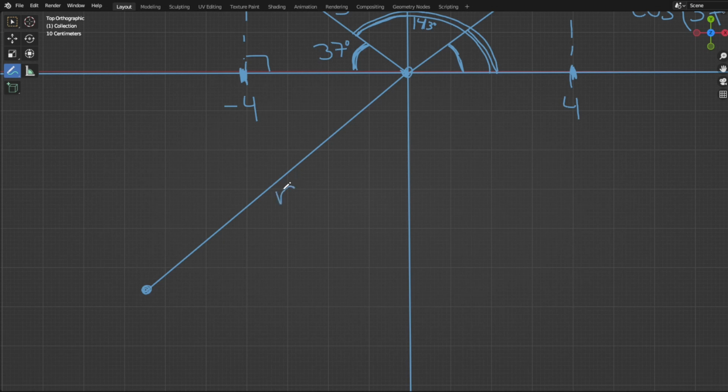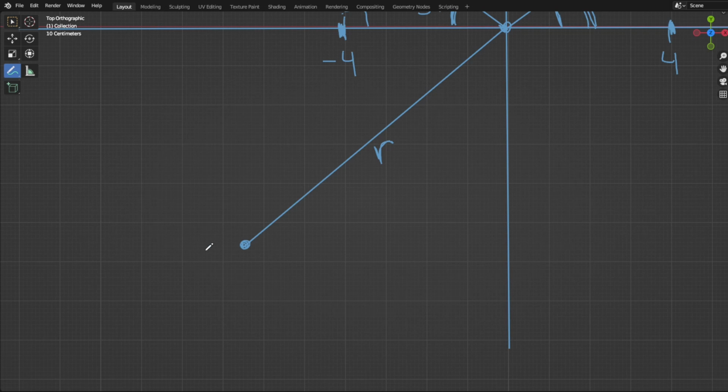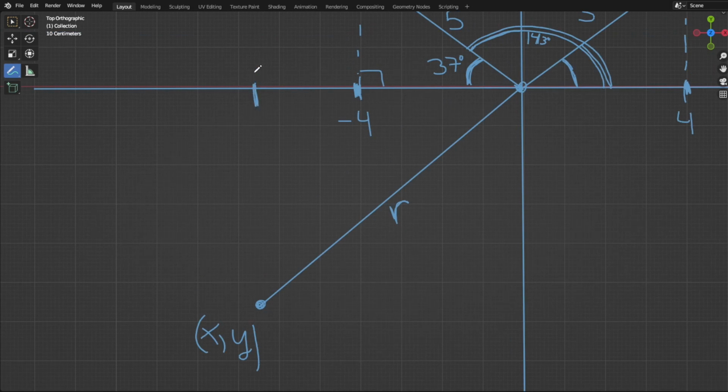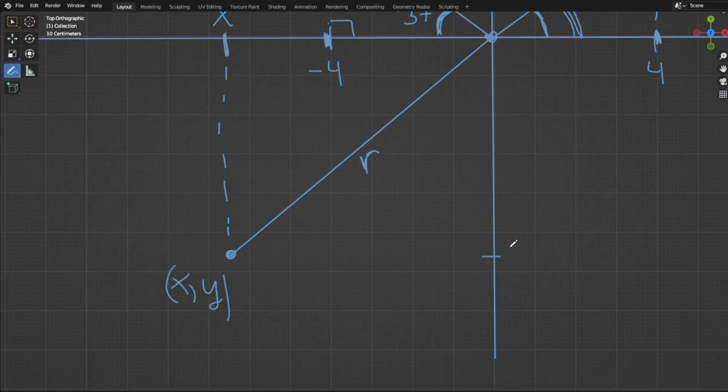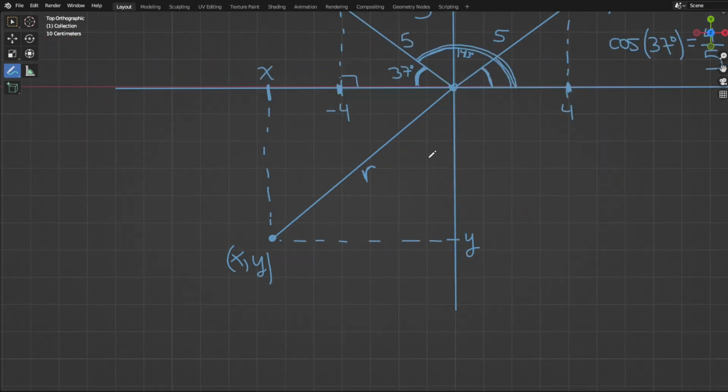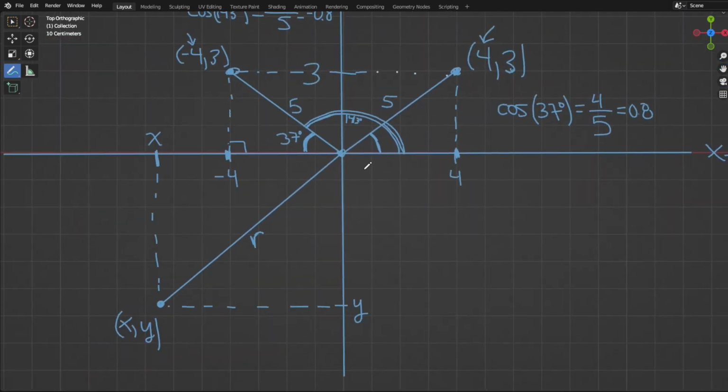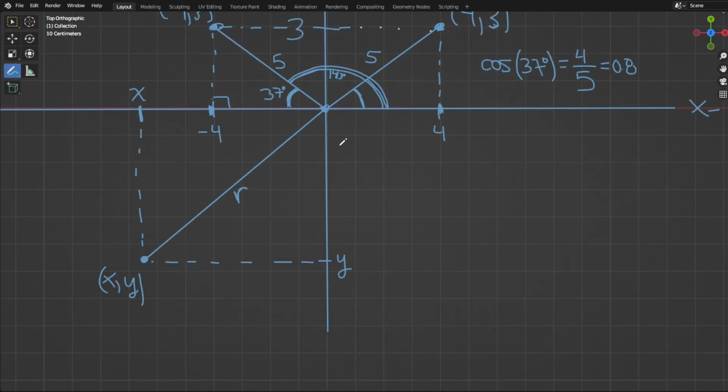Well, let's just call that value r for now. And then it has an x, it has a y value, a y coordinate, and the x coordinate is here, and its y coordinate is right here somewhere. But what's its angle? Where does its angle come from?